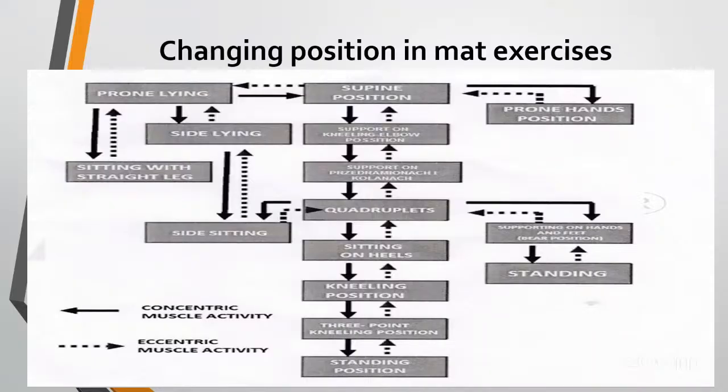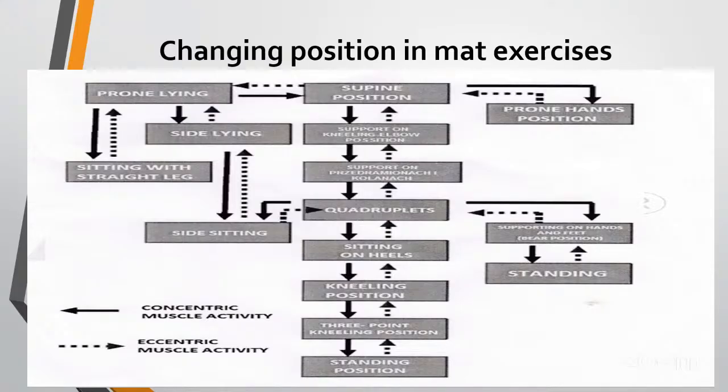Also notice the type of contraction the muscles are carrying out while moving into this position. I gave examples last week and also this week while demonstrating eccentric and concentric muscle contraction. You ask the patient to squat or to sit. When he's sitting, it is eccentric contraction of the quadriceps.